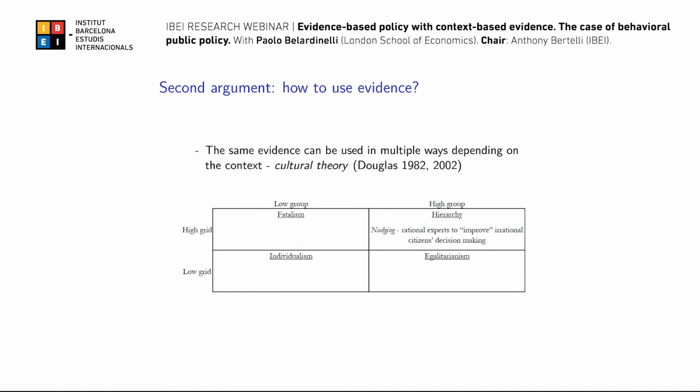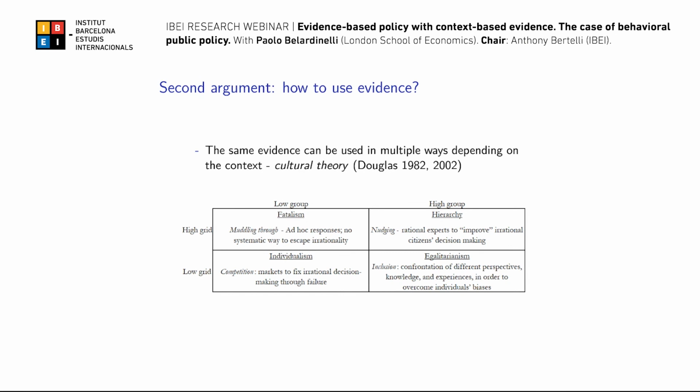And so this is the idea, to use choice architecture to fix irrational behavior. Now, I try to argue that there are alternatives to use this evidence of irrational behavior, and I propose some alternatives.